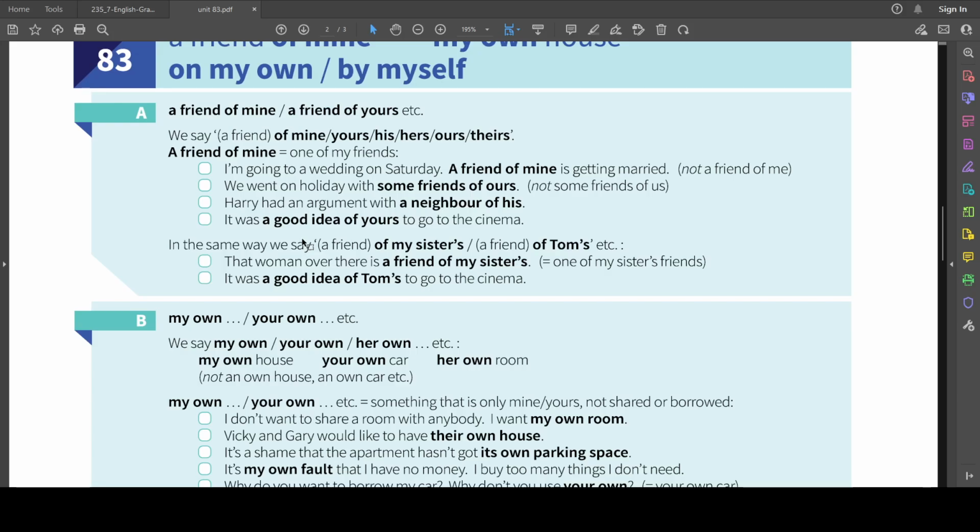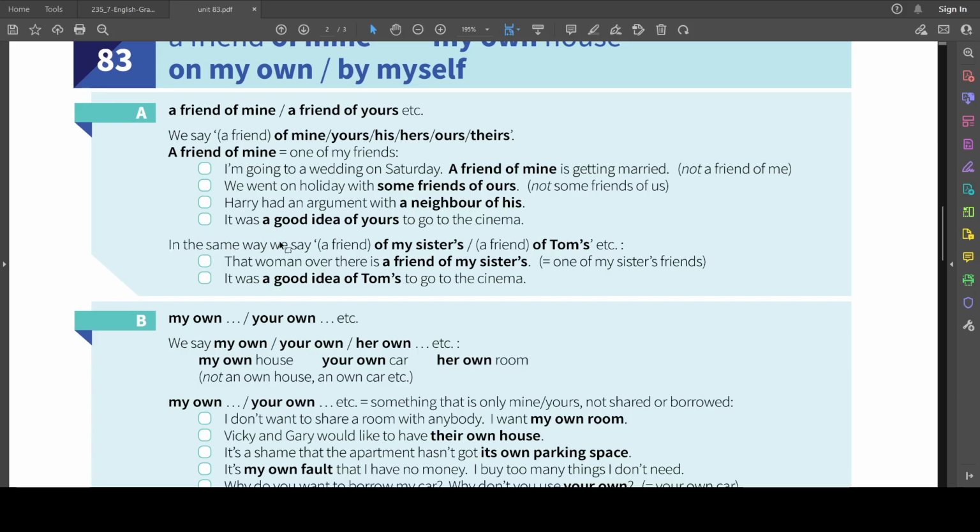It was a good idea of yours to go to the cinema. It was a good idea of yours. Check it out. It was a good idea of yours to go to the cinema. We can express possession not only of people, but also of things, like ideas, feelings, and so on.